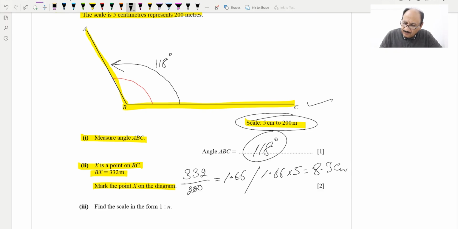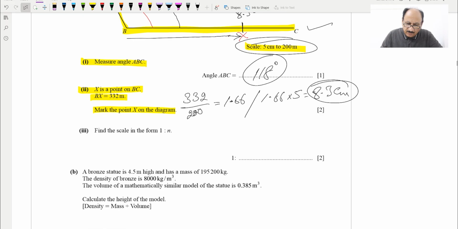So we got the measurement of 8.3 centimeters, and we will measure from this side to this side, up to around here, and this will be X.